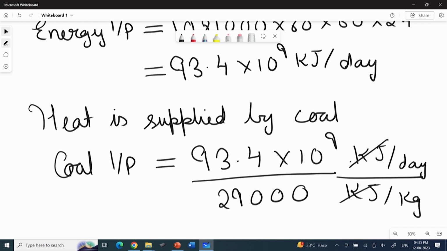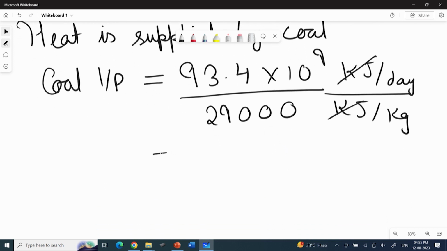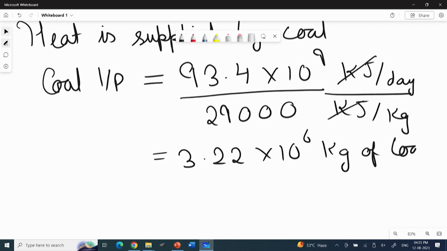So, the kilojoule cancels out, and the result is around 3.22 into 10 to the power 6 kg of anthracite coal on a daily level. So, I will be consuming around 3.22 into 10 to the power 6 kgs of coal, or around 3,220 tons of coal per day for this rather typical coal fired plant.